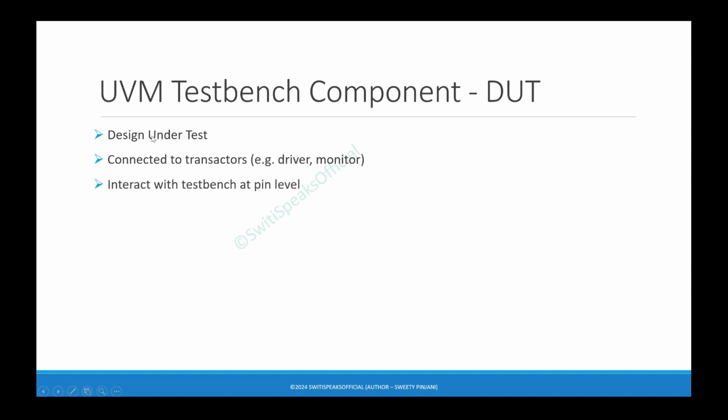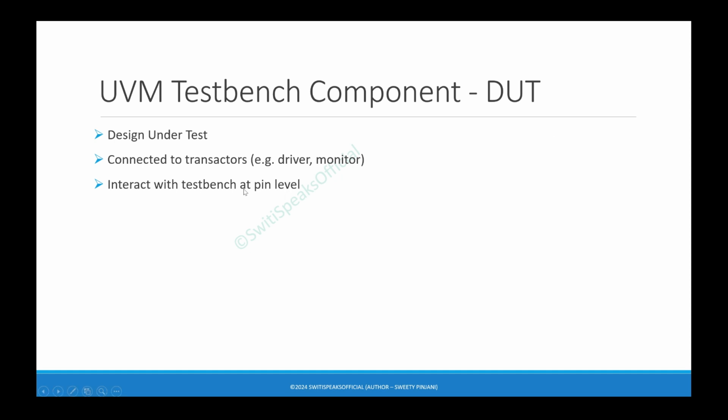One thing which you need to understand is that design under test interacts with the test bench at pin level, not at the transaction level. For example, driver is connected to DUT and it is converting the information which is in transaction level from sequencer, and before giving to DUT, it converts it into the signal level.